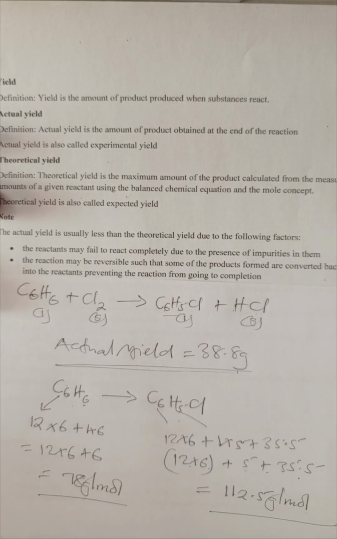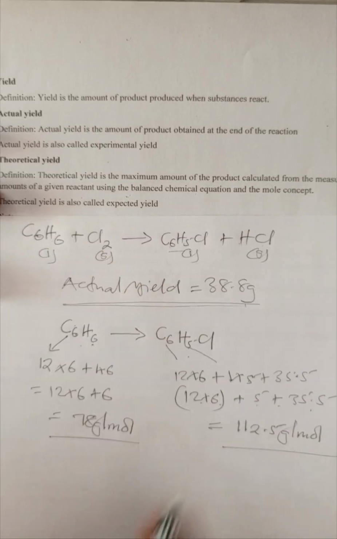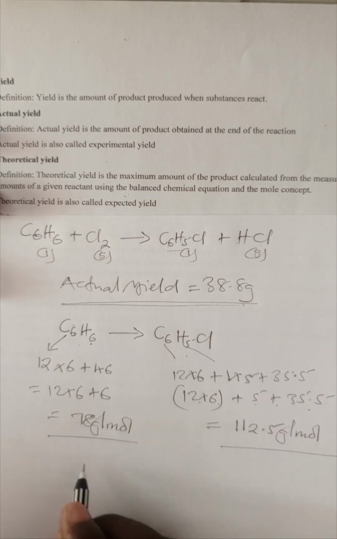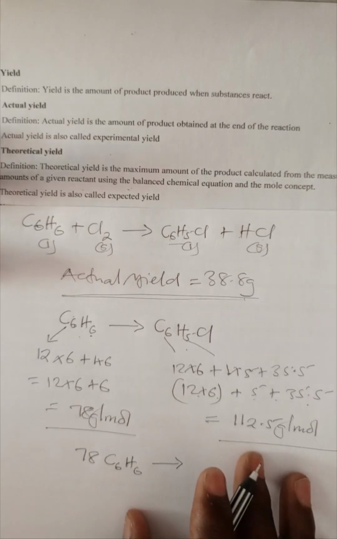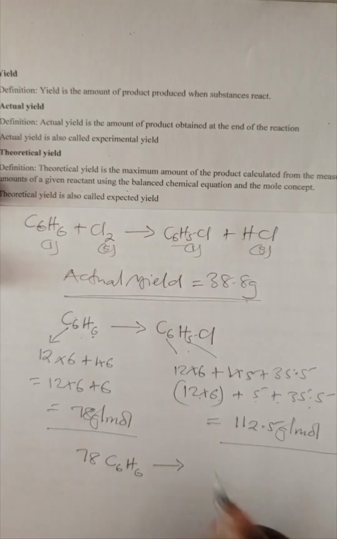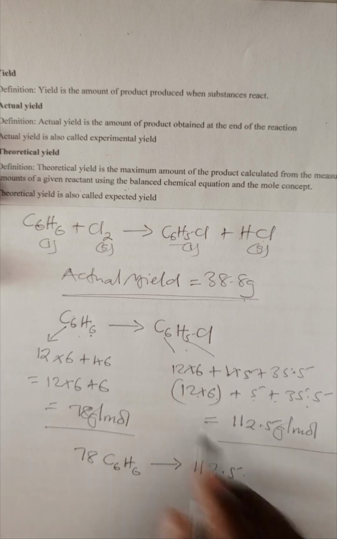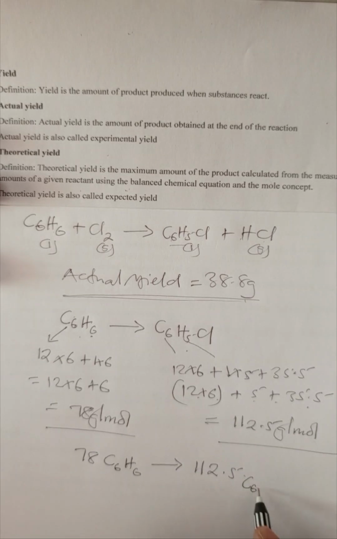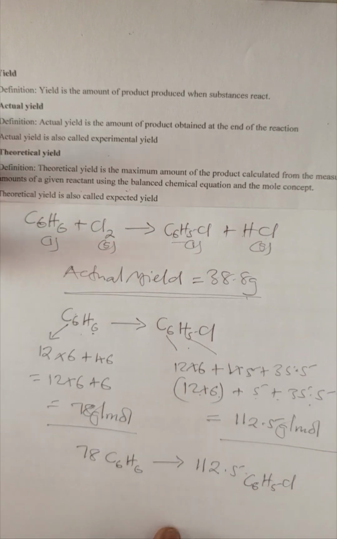So after you've done that, you can now do some equating. What you found here is 78 of benzene, like this. You equate that to chlorobenzene, which in this case is 112.5.